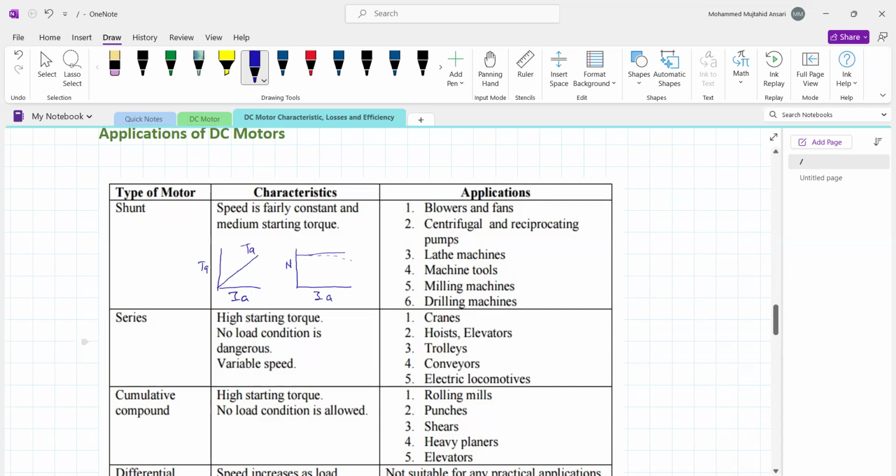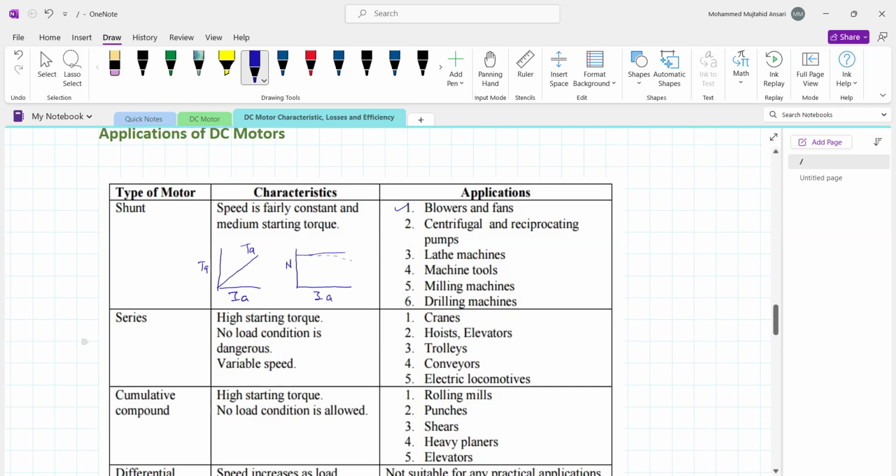It is used for blowers and fans. It is used in industry where fans and blowers are there, centrifugal pump and reciprocating pump, lathe machine where constant speed is needed, and many machine tools like drilling machine and milling machines.